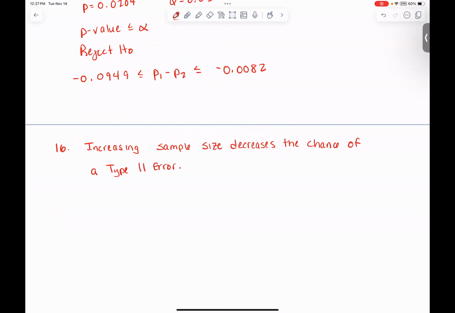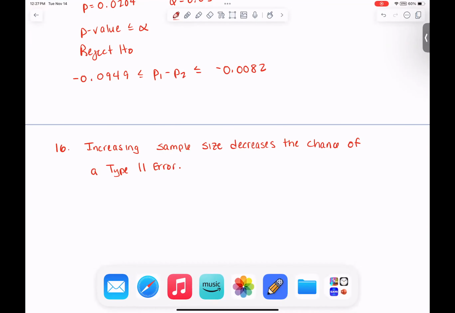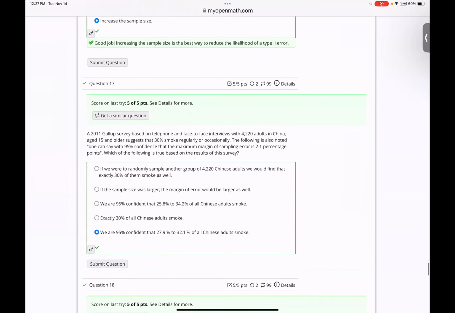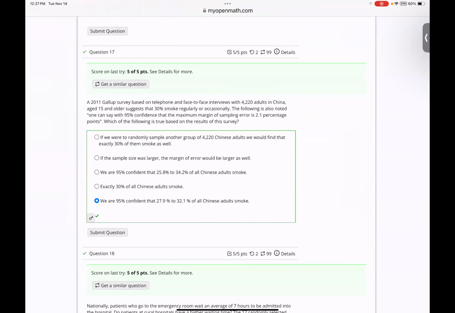Okay, problem 17. A 2011 Gallup survey based on telephone and face-to-face interviews with 4,220 adults in China aged 15 and older suggests that 30% smoke regularly or occasionally.